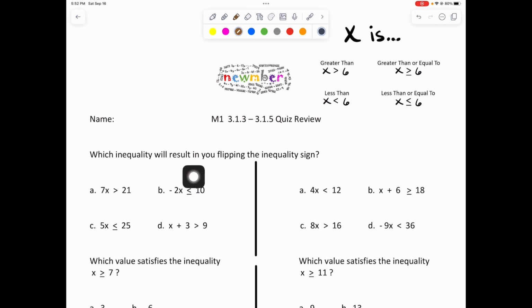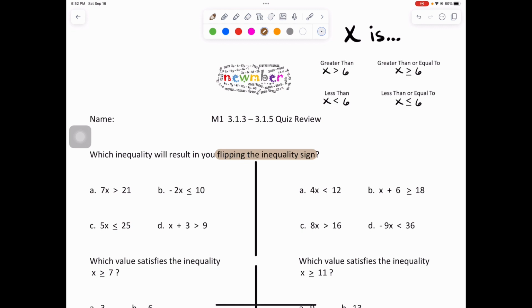Which inequality will result in you flipping the inequality sign, okay? Now, technically, there would be two ways, okay? But when we solve inequalities, we can always end up with the variable on the left side, so we are not going to write that down.